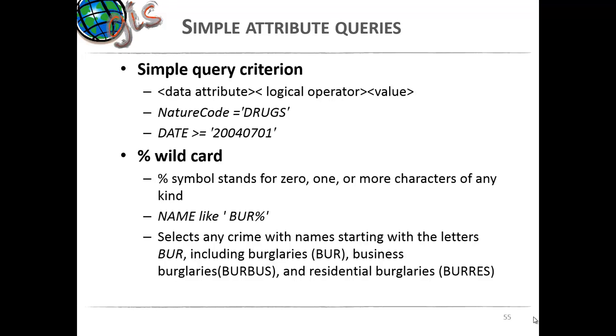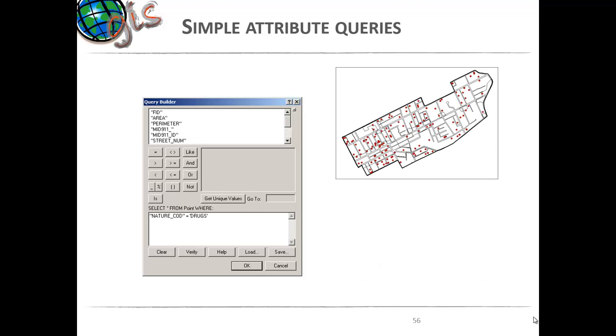You can see obviously why it's very useful. So for simple attribute queries there's a query builder. We'll look at it again within the walkthrough, and how to use it.